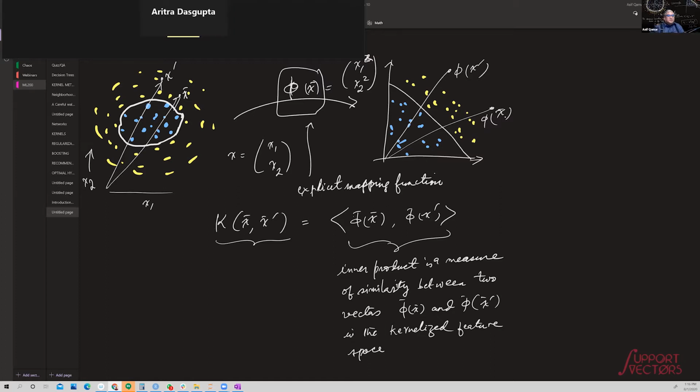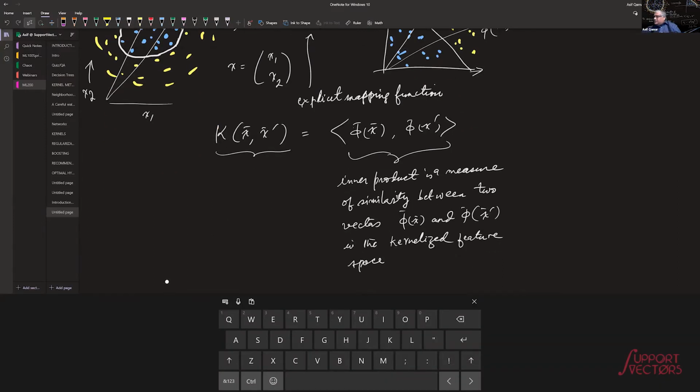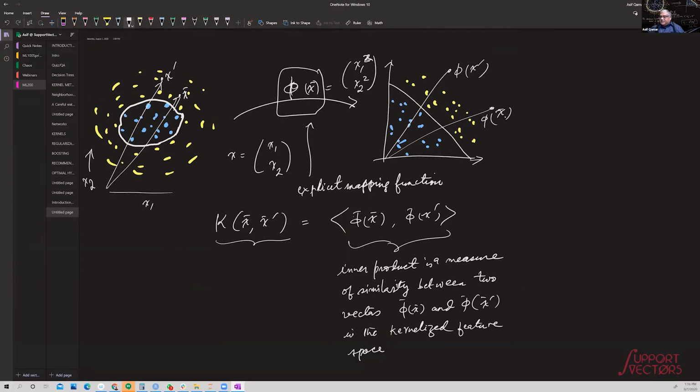See, the beautiful thing about kernel functions is, the normal story would have been that step one, without the kernel trick, is to find phi of x.